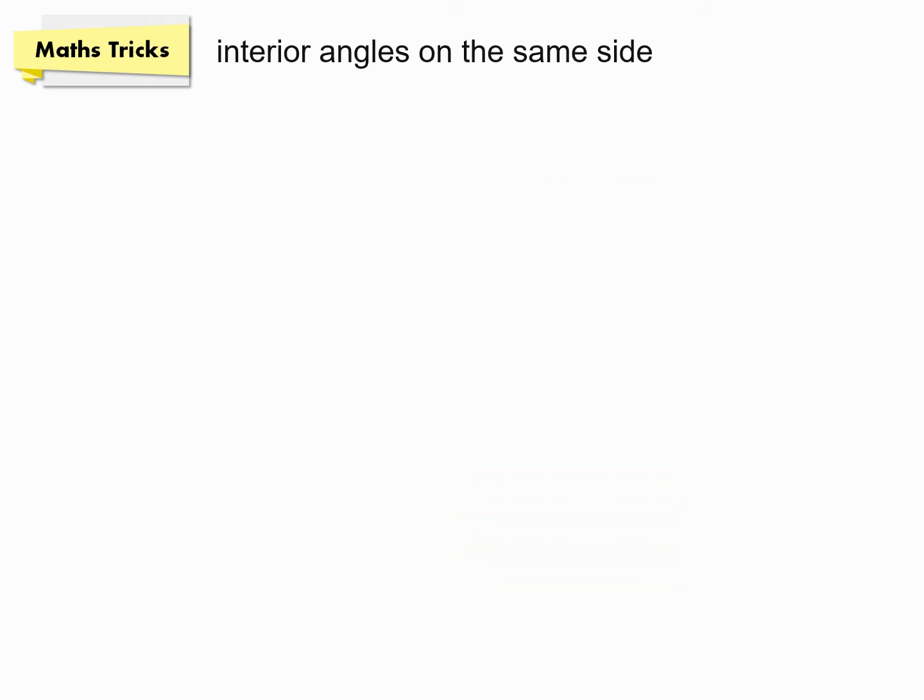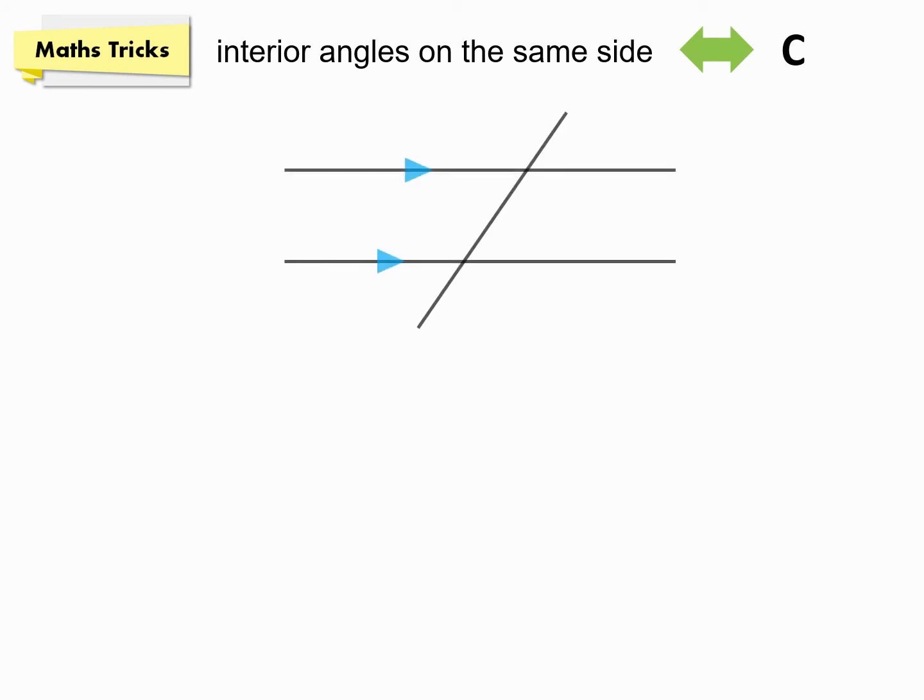Finally, for interior angles on the same side, we will use the letter C to help. This pair of angles is a pair of interior angles on the same side. But notice that, under the condition of parallel lines, this situation is different from that of corresponding angles and alternate angles.